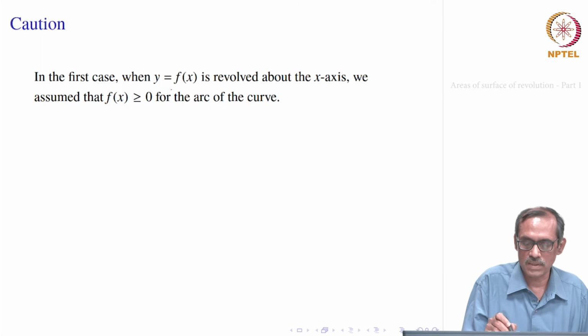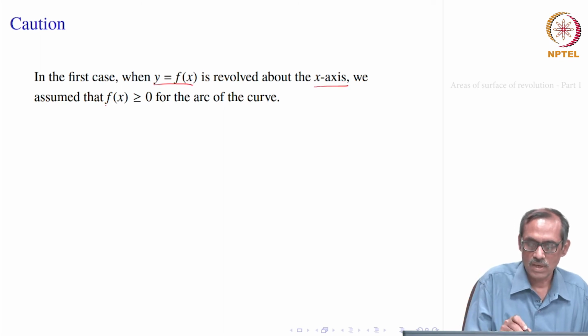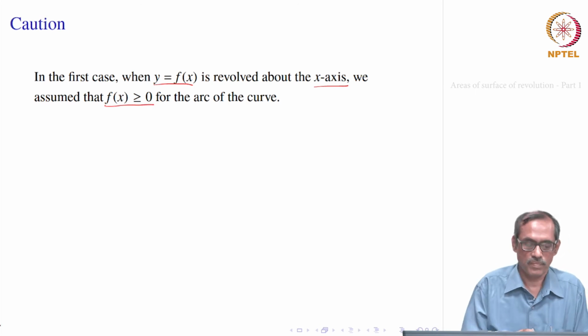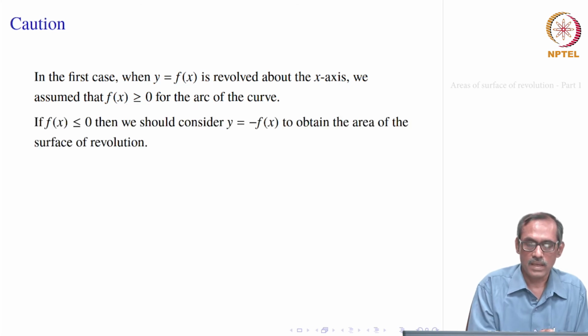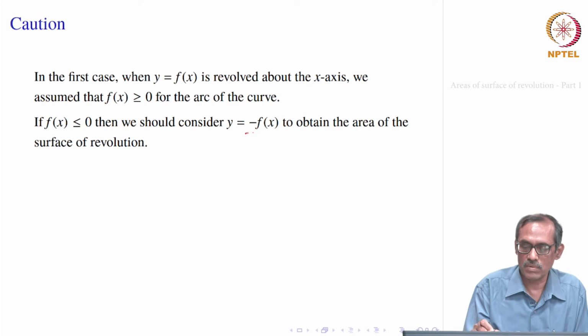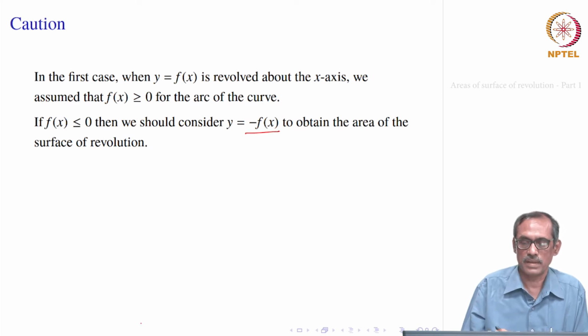Look at our assumptions. We say that y equal to f of x is revolved about x axis with f of x greater than or equal to 0, and x lies between a to b, so that you get the arc of the curve. Similarly, if you take f of x less than or equal to 0, then to satisfy the assumption we will work with y equal to minus f of x, then that would give rise to area of the surface of revolution.